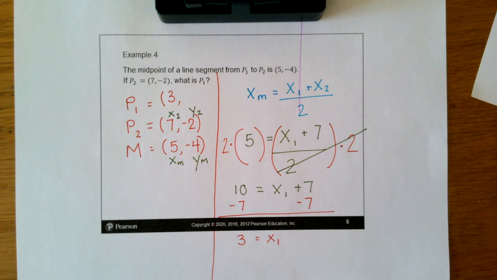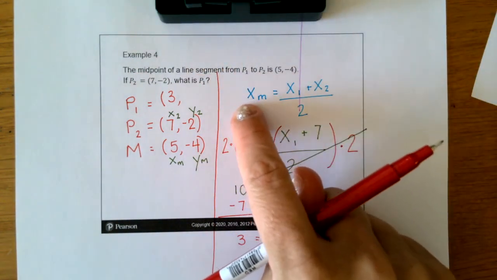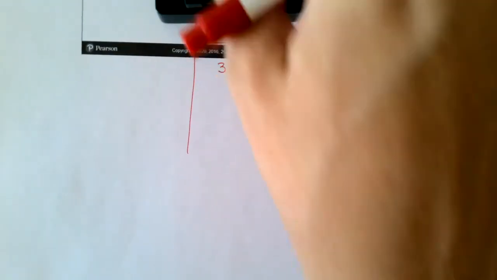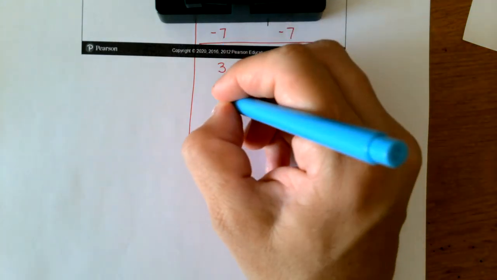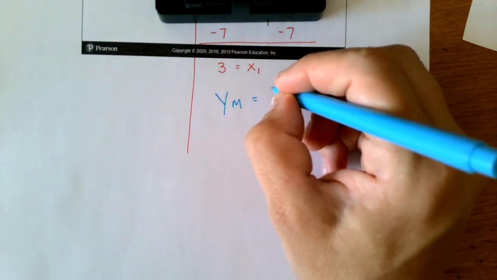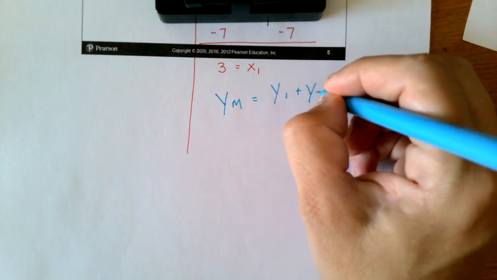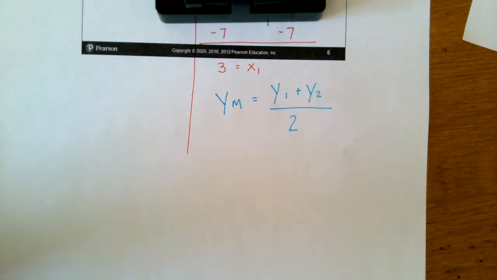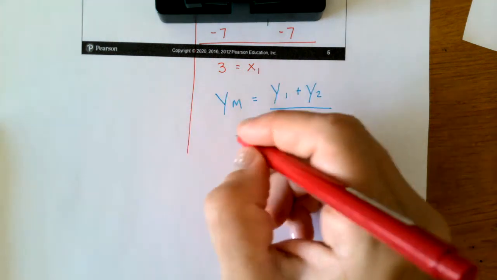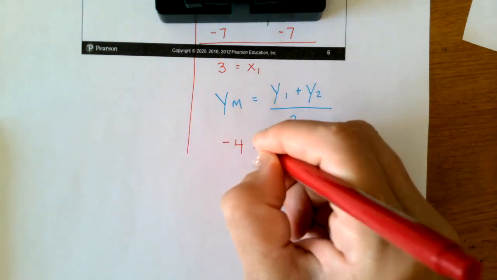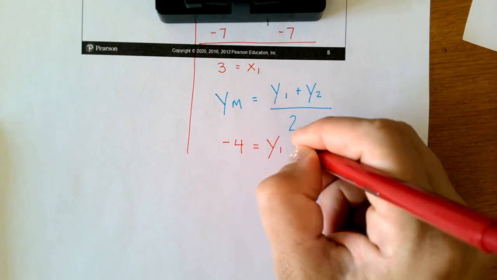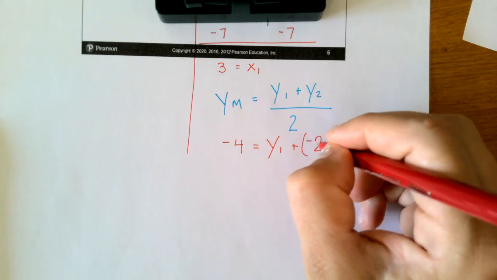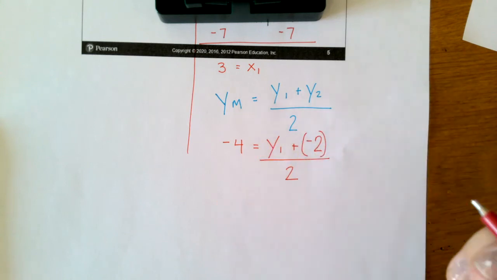Now I'm just going to do the same thing for y. Instead of xm, it's going to be ym equals y1 plus y2 over 2. The y of my midpoint is -4. -4 equals, we don't know y1. We know that y2 is -2, over 2.